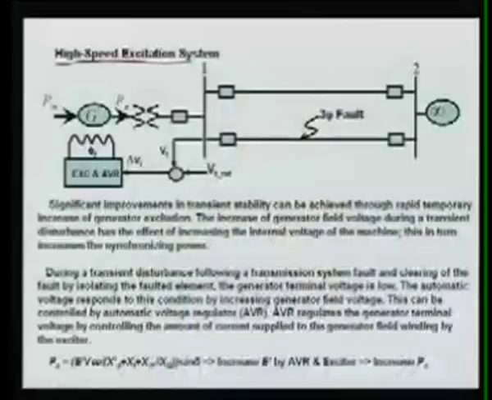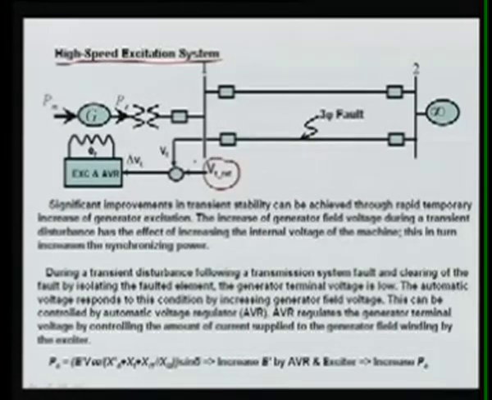First I said we require the high speed excitation system, meaning the automatic voltage regulator. So this is your generator. The terminal voltage is measured, and this terminal voltage is compared with a terminal voltage reference value. Normally this voltage, let's suppose, is 1 per unit, or it may be 1.05 per unit.